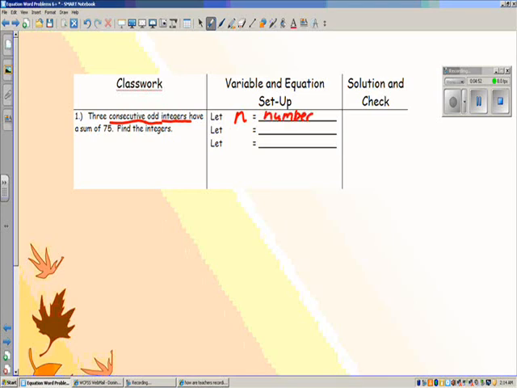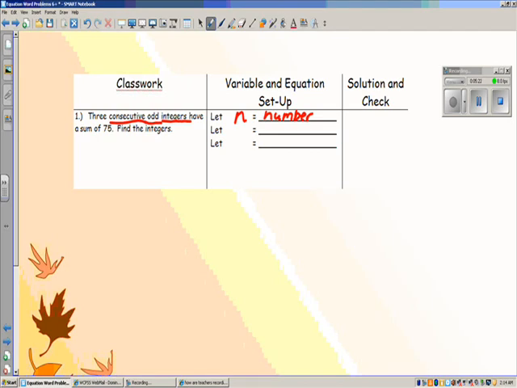Think about this. If you have any odd number, take any odd number, and you want to get its consecutive odd number, what would you need to do to that number to get the consecutive odd number?